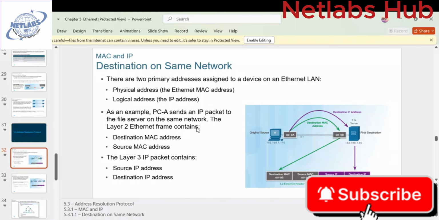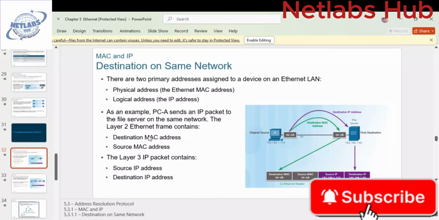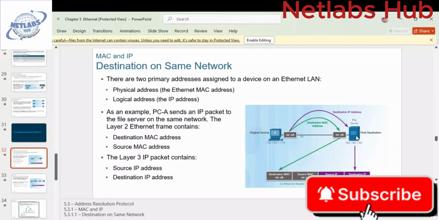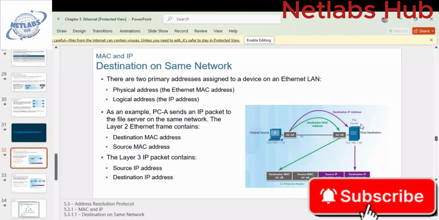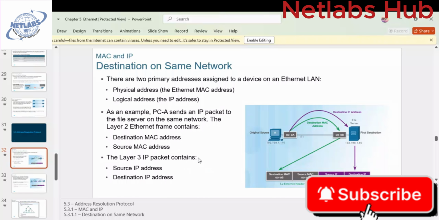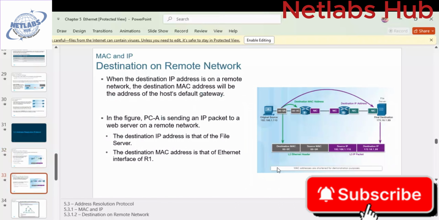The layer 2 frame, the frame that is coming from PCA, contains destination MAC address, that is the MAC address of this server, then the source MAC address of this computer. When it comes to layer 3 IP packet, the source IP address of this computer, then the destination IP of this server. And the IP address should be within the same subnet or the same network for communication to happen.